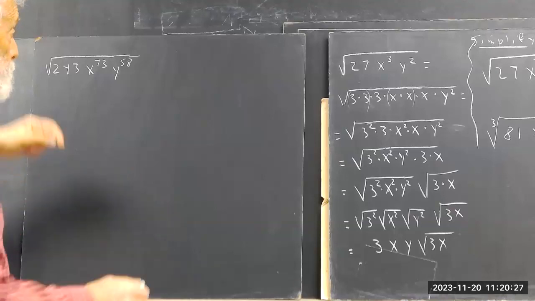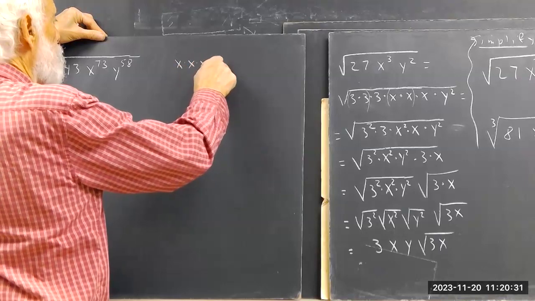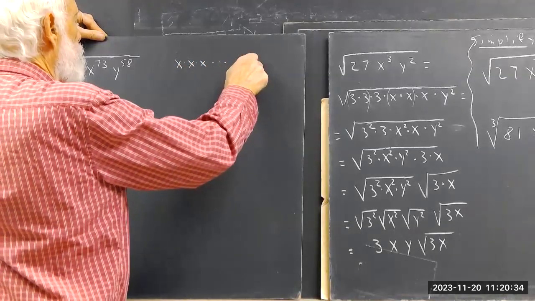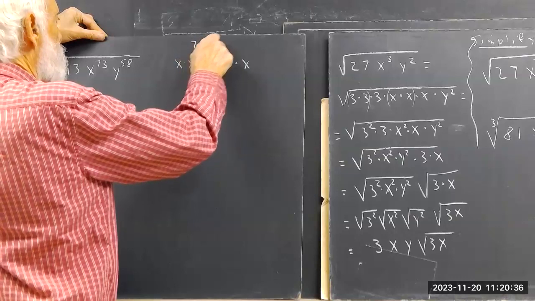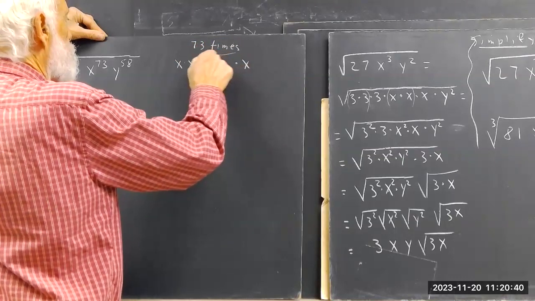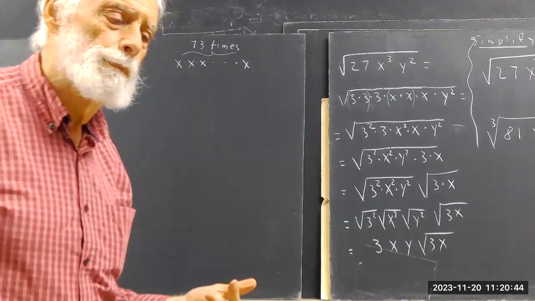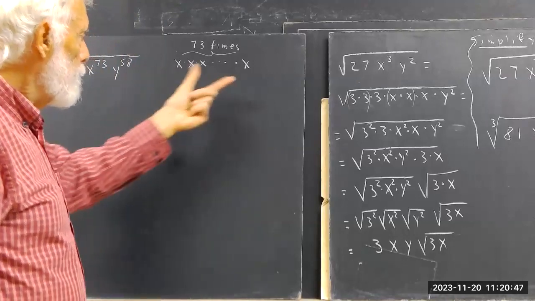Okay. I'm going to say this: x times x times x times x, 73 times. Now, what's half of 73?